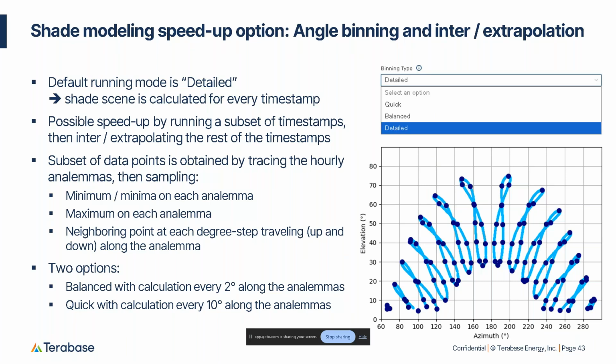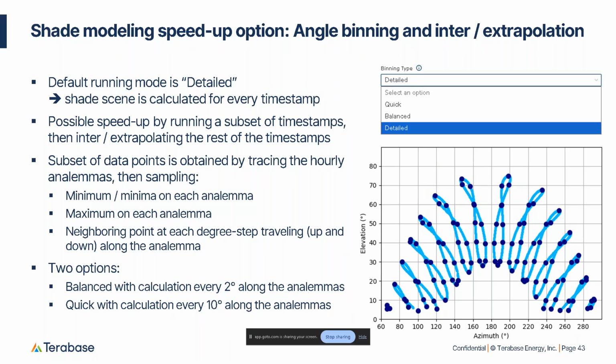In a balance option, it's every 2 degrees. In the quick option, it's every 10 degrees. So that means that in the balance option, you reduce the number of calculations by about 10. And with the quick option, you reduce your amount of calculations by about 40. But you lose in accuracy at the same time.